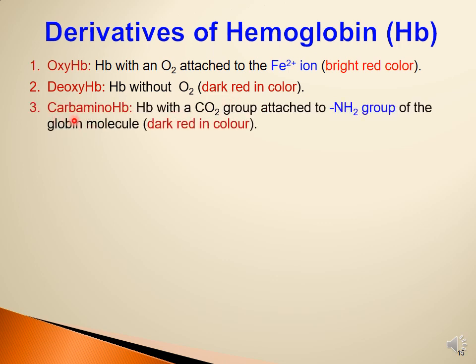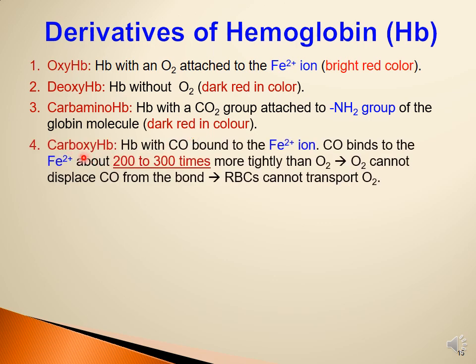Then we have carbaminohemoglobin, hemoglobin with carbon dioxide attached to the amino group of the globin molecule. It is dark red in color. Again, I repeat, carbon dioxide binds to amino acids on the polypeptide chains, not to the ferrous iron that is present in the heme ring. So there is no competition between carbon dioxide and oxygen for the binding site on the hemoglobin molecule.